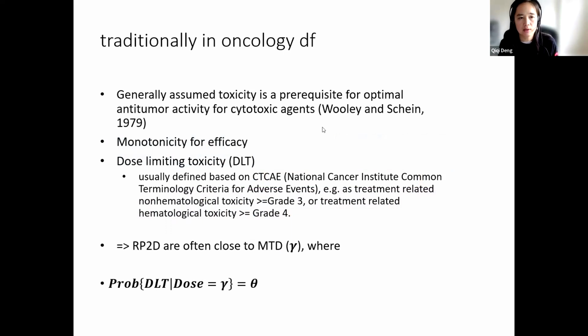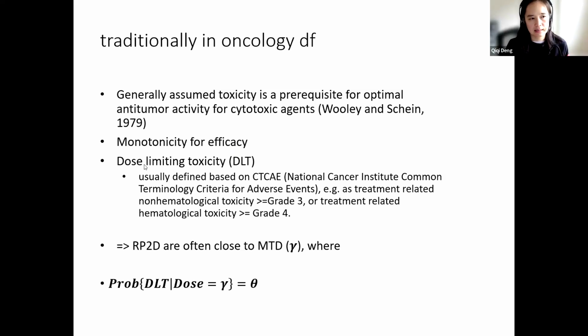For those cytotoxic agents, there is a lot of evidence for a monotonic assumption for efficacy, and the phase 1 dose escalation is trying to push the dose as high as possible. In this way, it can really kill the tumor.